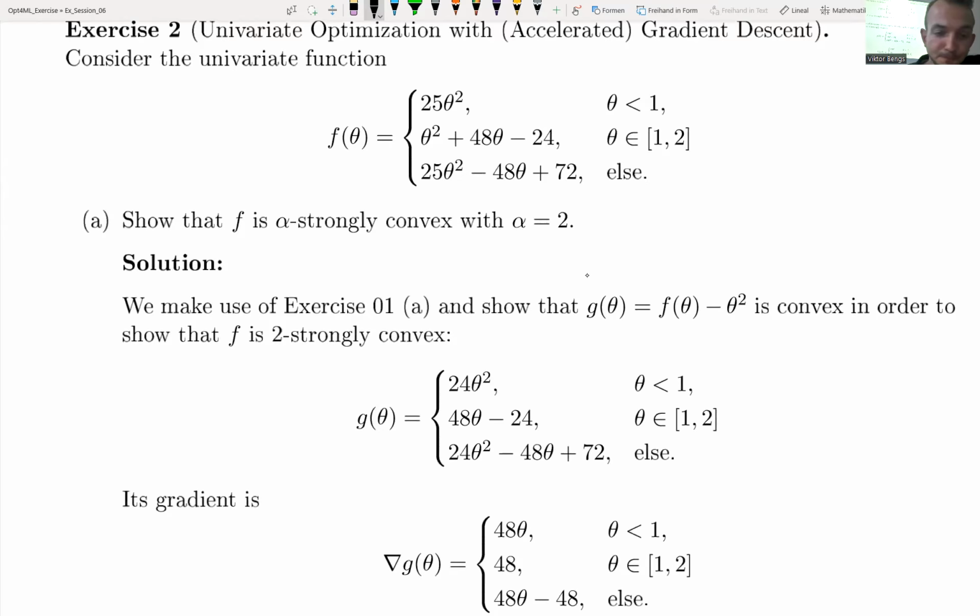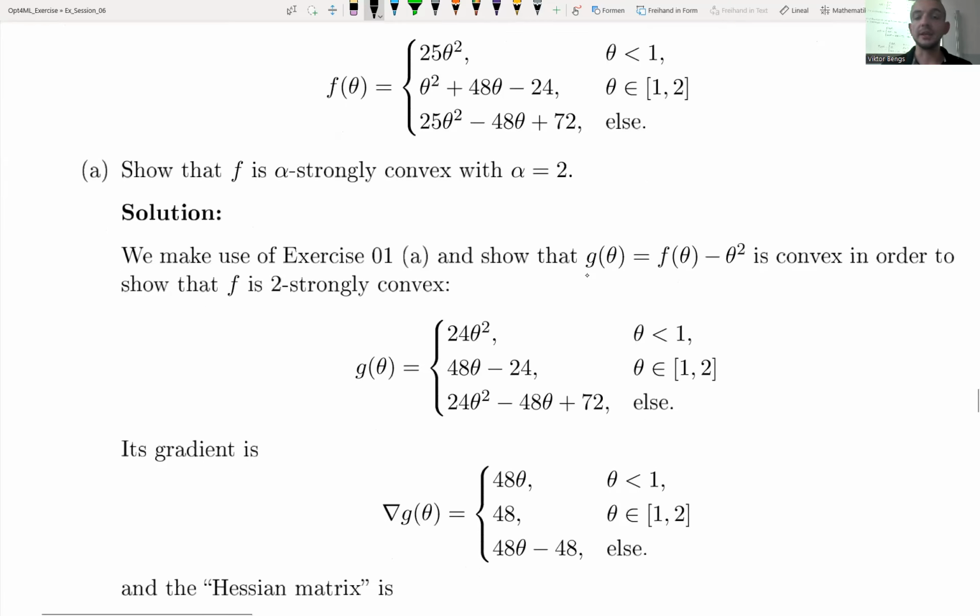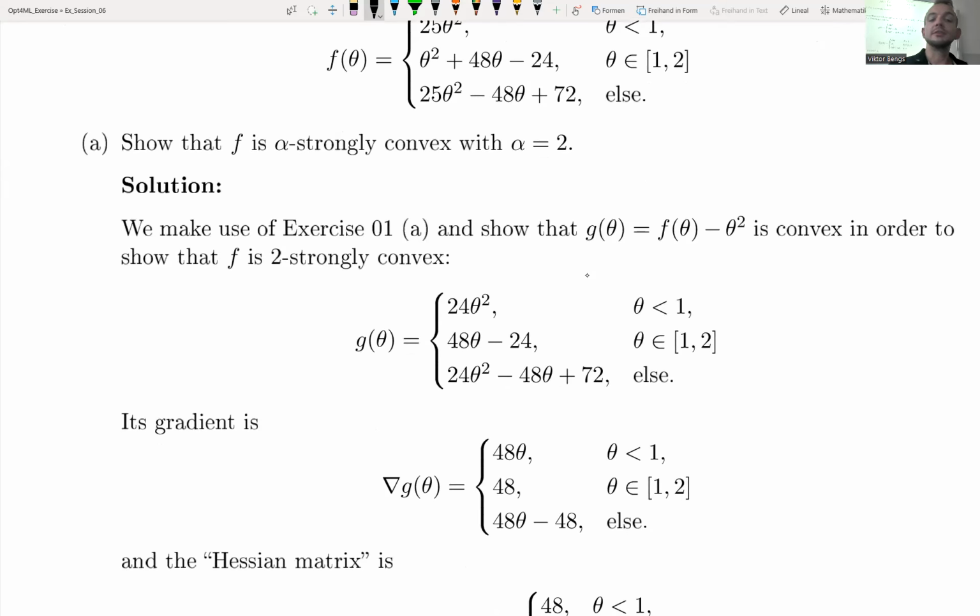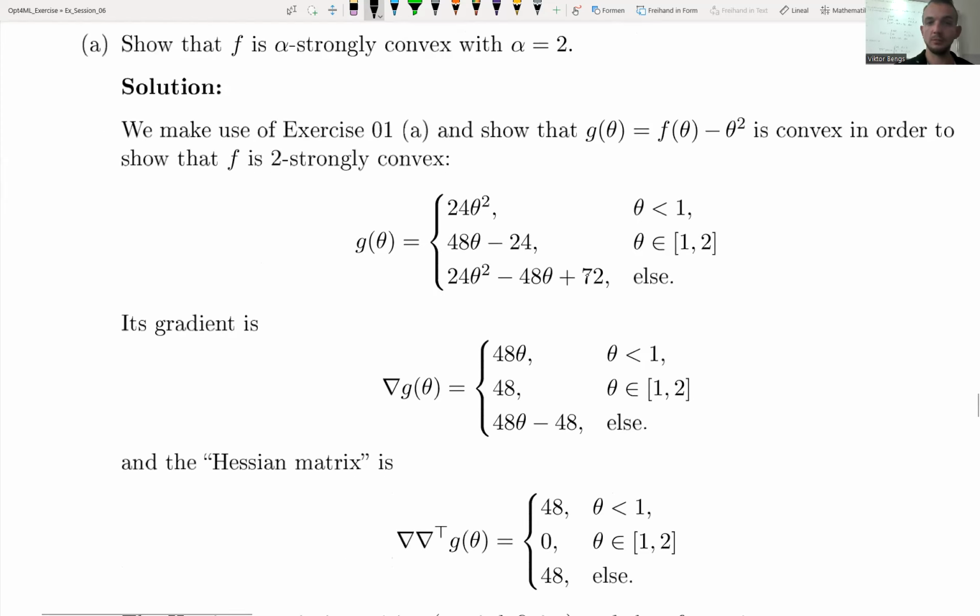Then we can compute the gradient of this thing, or first derivative. We can do this case by case. For the first case, theta strictly smaller than 1, the exponent is multiplied with the coefficient before, which gives us 48, and we decrease the order of the polynomial by 1.